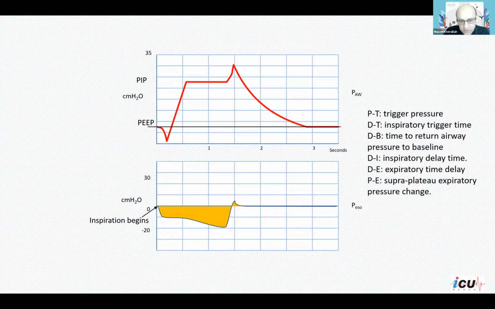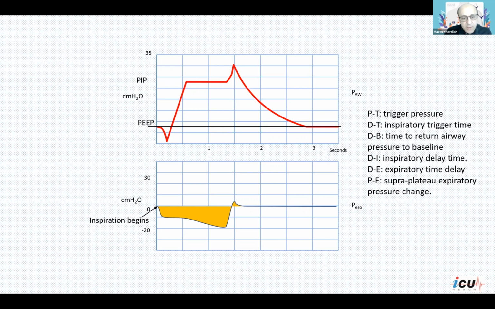And in order to understand asynchrony or dyssynchrony, whatever you want to call it, you need to understand the dynamics that occur when we deliver a breath, in case the patient's still breathing. And I'm going to explain that in details here. I'm going to concentrate on the trigger here because this is actually what we're going to be discussing today in terms of double triggering.